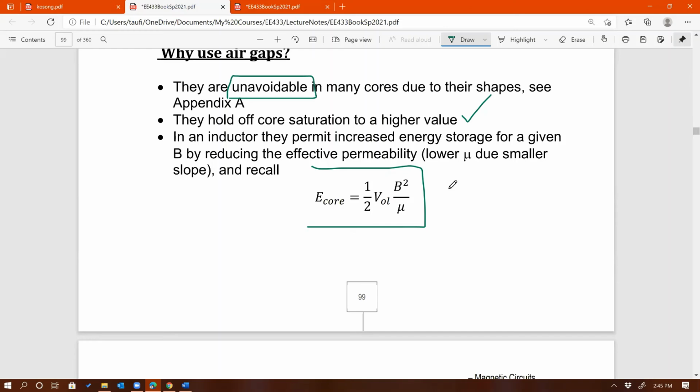So it can store more energy. Now you know the equation that demonstrates that, because energy stored in the core is inversely related to mu. By adding an air gap, mu becomes smaller because the slope becomes slower.